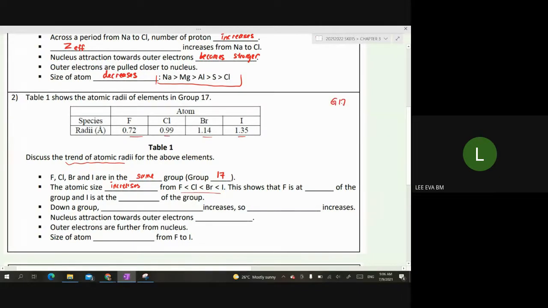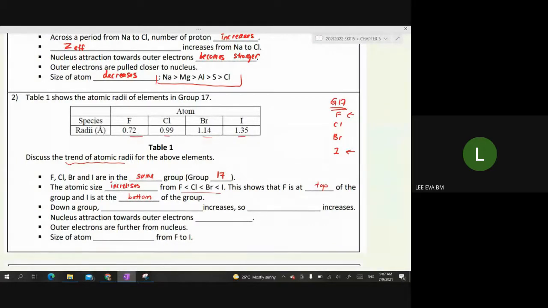Group 17, fluorine, chlorine, bromine, iodine. Fluorine is at the top of the group and iodine is at the bottom of the group. Of course there are more below, but we follow the question only up to iodine.